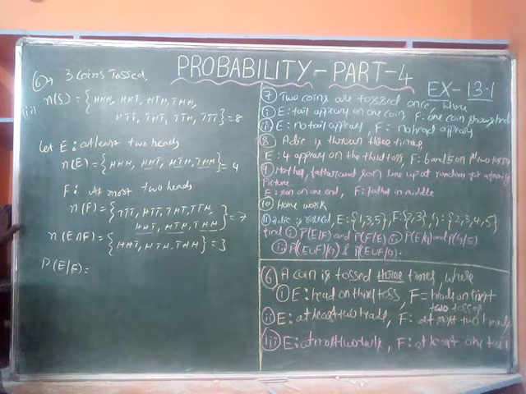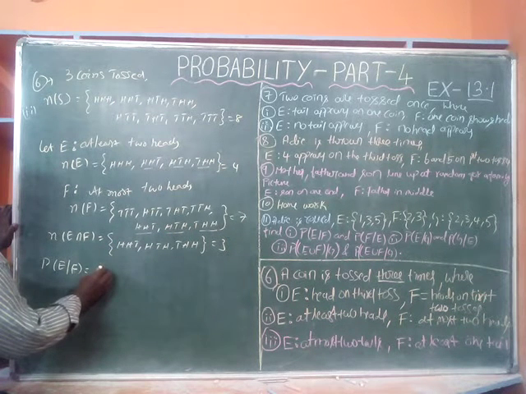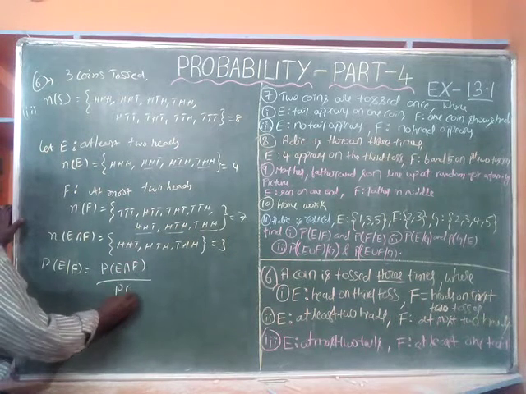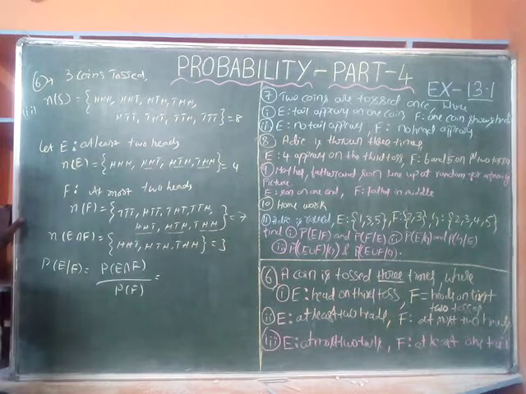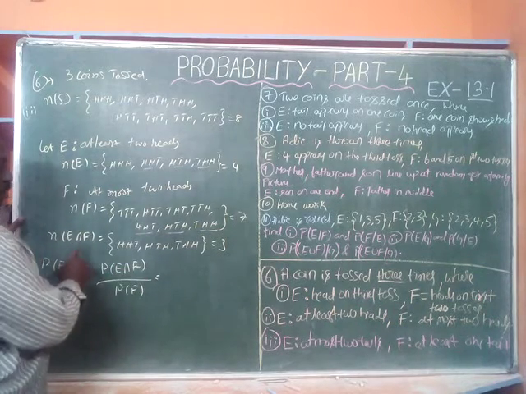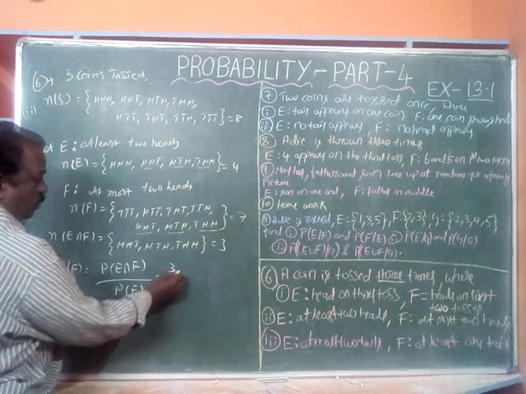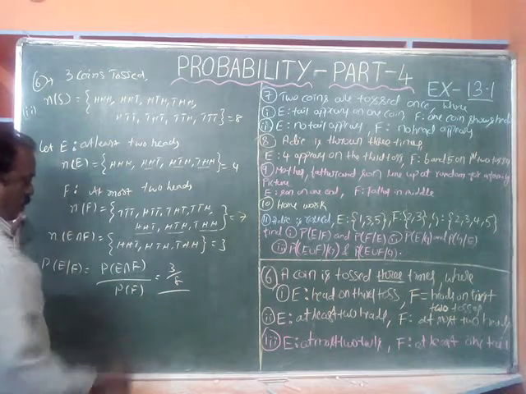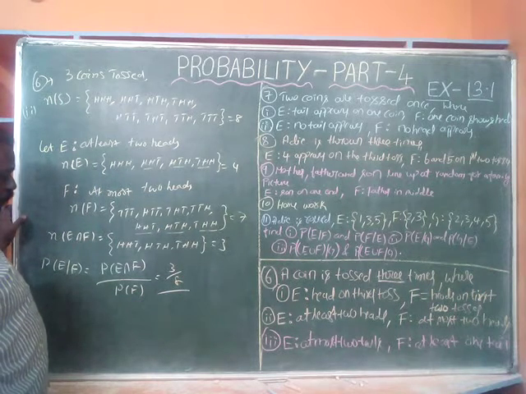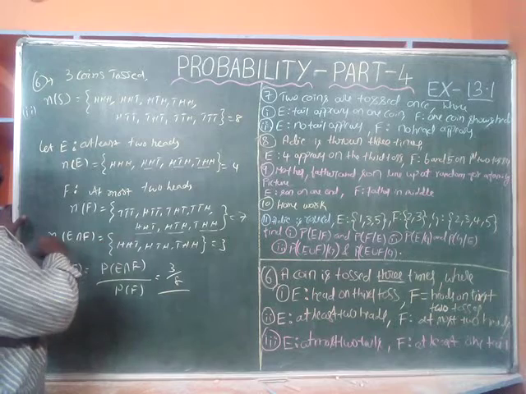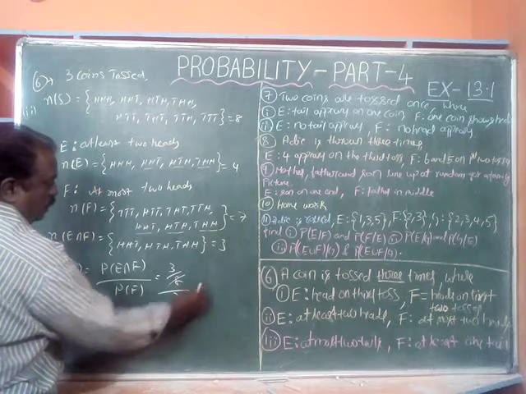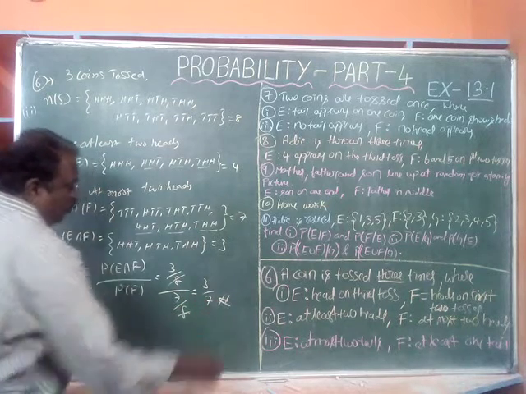P of E given that F is P of E intersection F divided by P of F. P of E intersection F is 3 by 8, and P of F is 7 by 8. The 8 cancels, so we get 3 by 7.